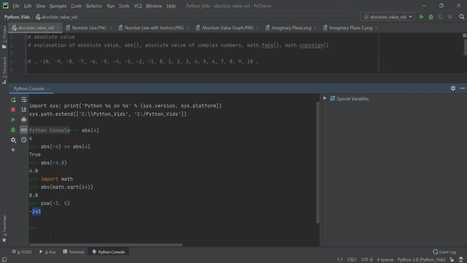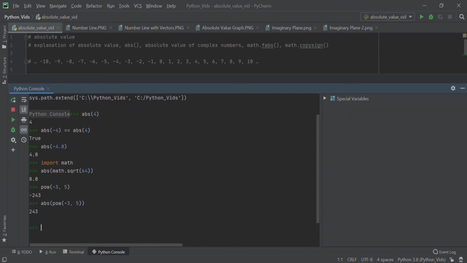Well, what happens if we take the absolute value of pow -3 to the power of 5, and now it gives you the positive 243. It's asking, hey, what is -3 to the power of 5? Well, we know it's -243. And then second step, it's asking, okay, what's the absolute value of -243? And of course, it's positive 243.